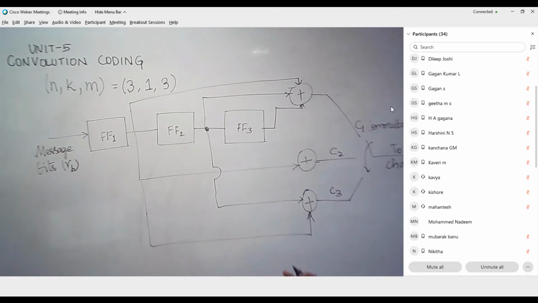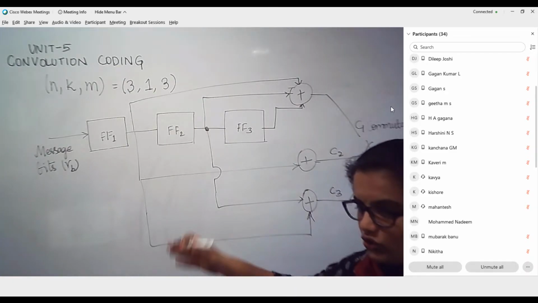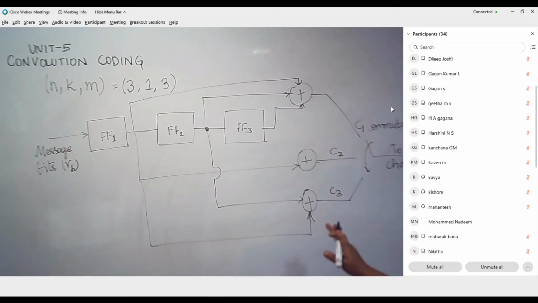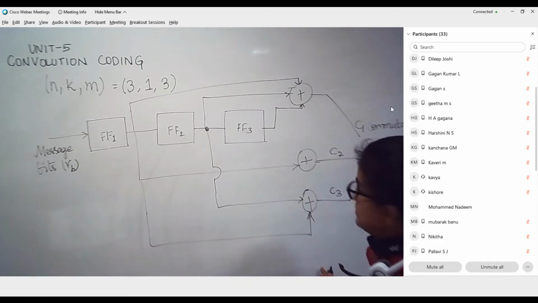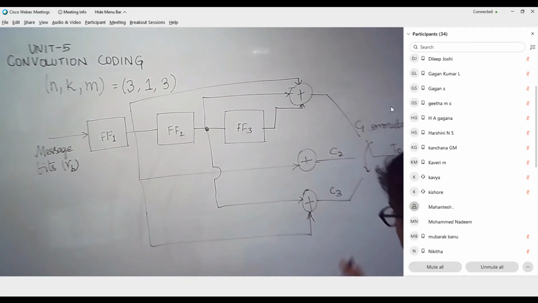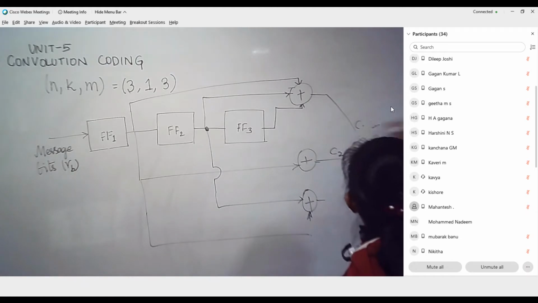Now, if you have noted down this diagram, I am going to show you how the encoding process is going to happen. If you are done, do let me know so that I can erase and we can see how the encoding process goes. Shall we erase? Yes? Okay.